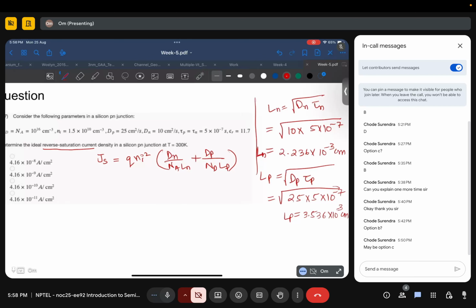Okay, now I have these two values. I have Ni also. So I have all the values now.